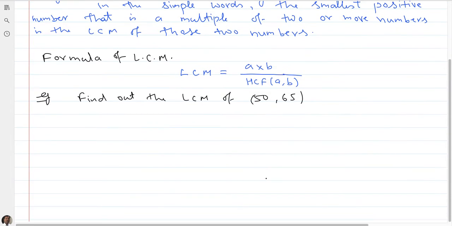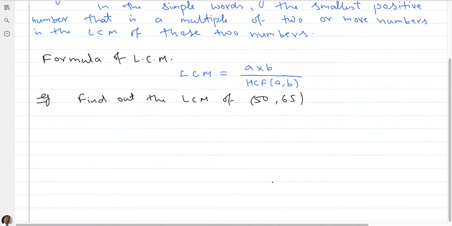So what we need to do first, we will write the solution from here. The given numbers are 50 and 65.